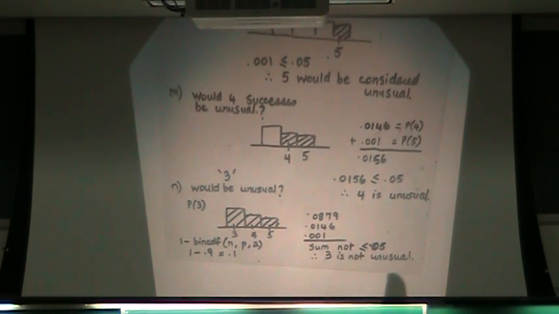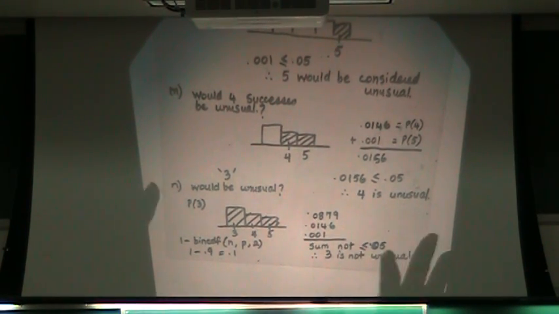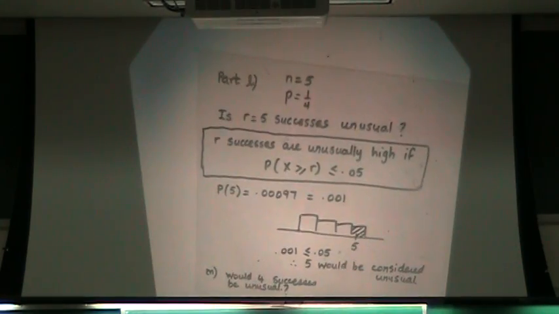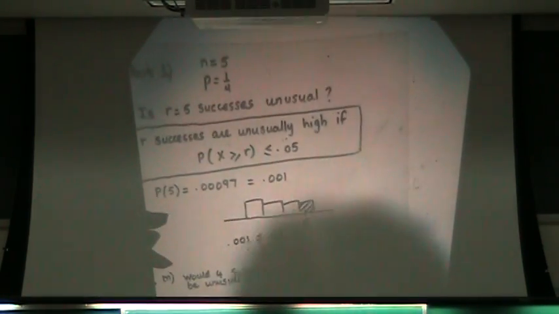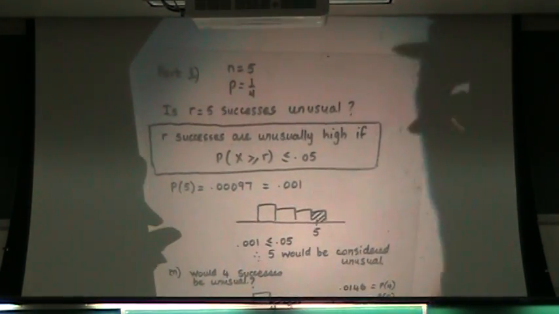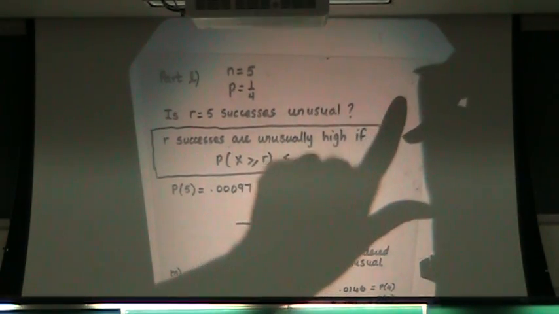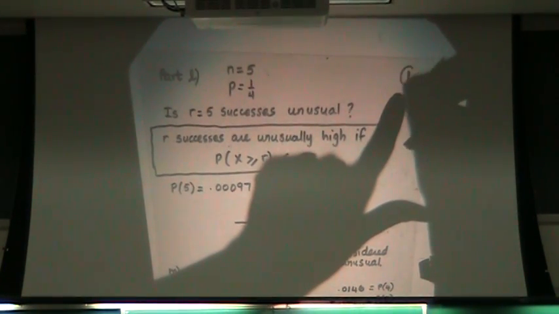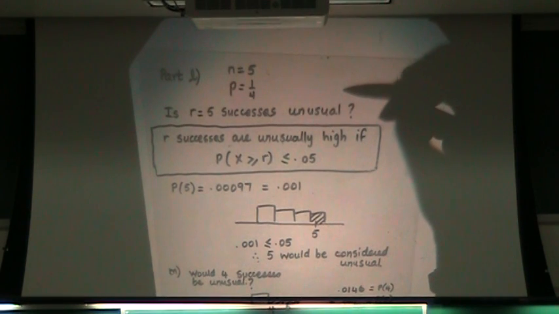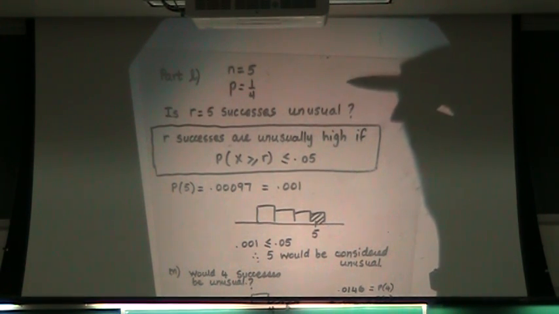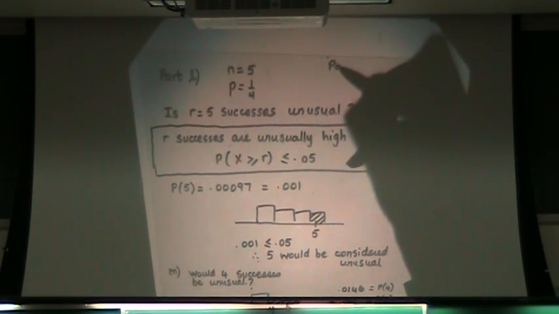Let's go to the beginning of the chapter and fill in all the blanks that we didn't fill in. So what page was this on? Let me just label these pages properly. Would you tell me what page part L was on? Page 11.